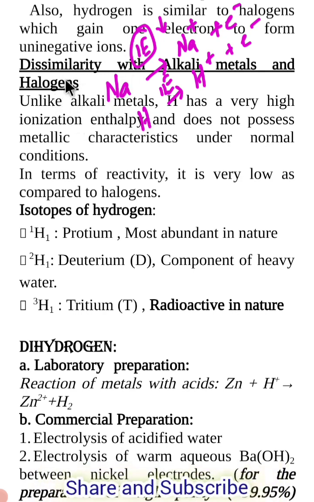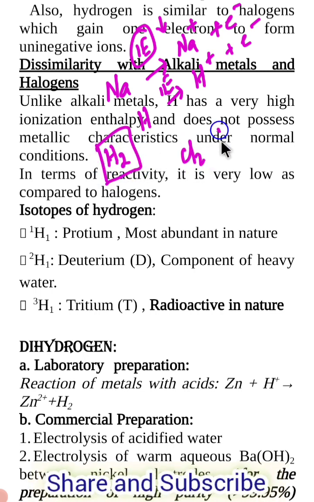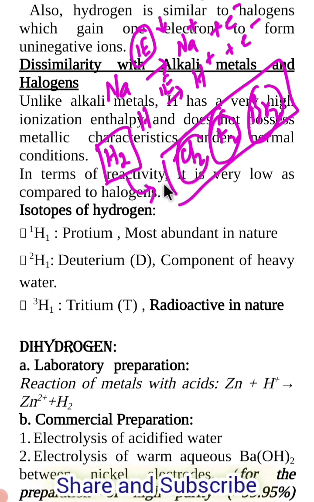So in this respect, hydrogen is not similar to group 1 elements. While in the case of halogens, hydrogen is not so reactive in comparison to chlorine, fluorine, bromine. These are all reactive elements. So in reactivity, hydrogen is not so similar to halogens. There are other dissimilarities too.